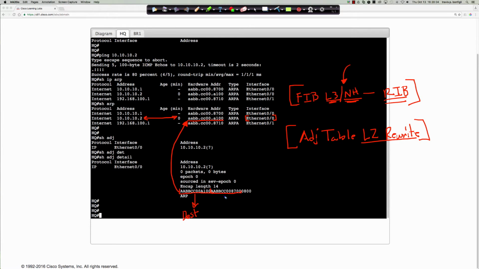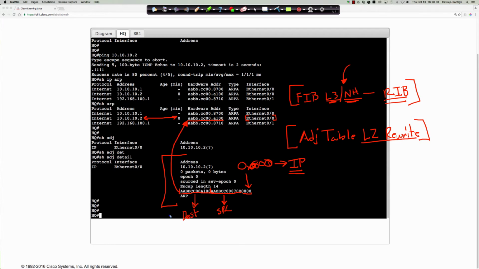This is the destination, this is the source, and finally, these last 16 bits. Remember this is hexadecimal, so we've got 4 hex characters here, so we have 16 bits. This is really 0x0800, sorry, I botched the 0 there. And that means, what is the protocol? We're using IP. And so right here, that is your adjacency table.